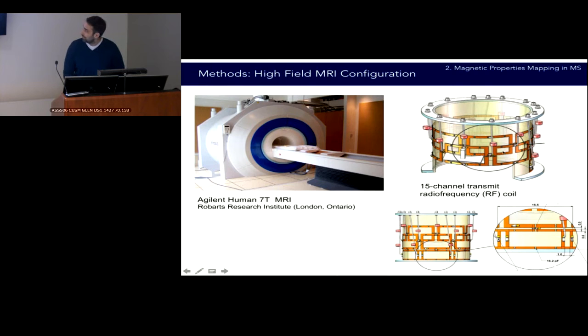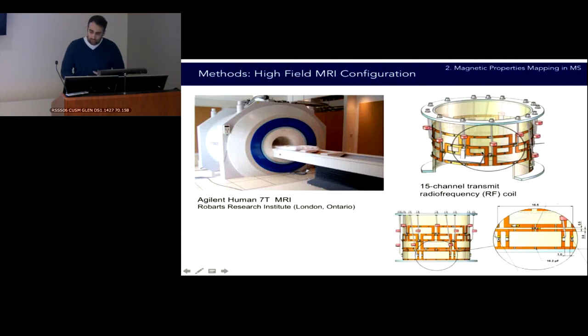So this would be the transmit field coil that we used for our 7T imaging. And each of these coil elements is driven by an independent 1 kilowatt power amplifier, so we can independently control the magnitude and phase of the current running through each of these coils.